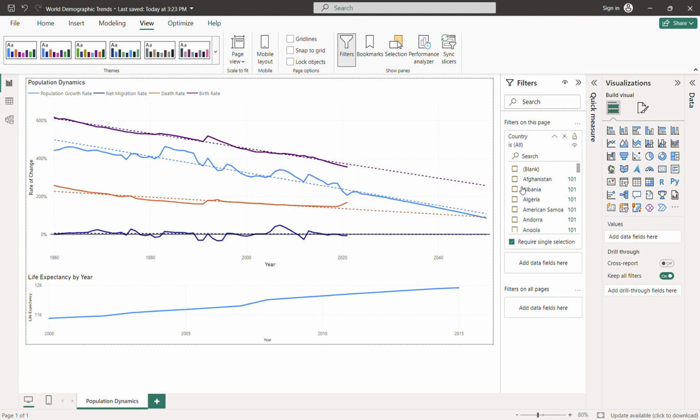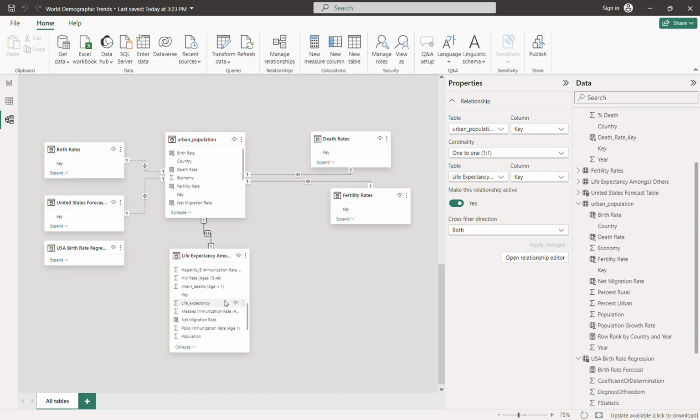Anyway, that pretty much wraps this up, and in the future, I'll likely go back to this data model. The life expectancy table looks at a lot of different things to try to determine what life expectancy will be.